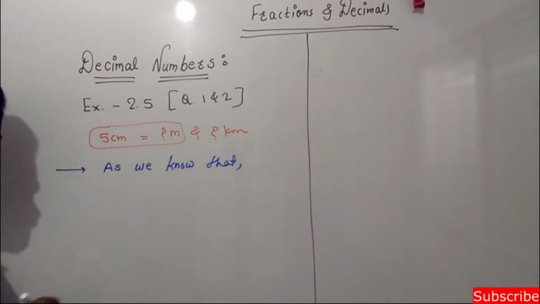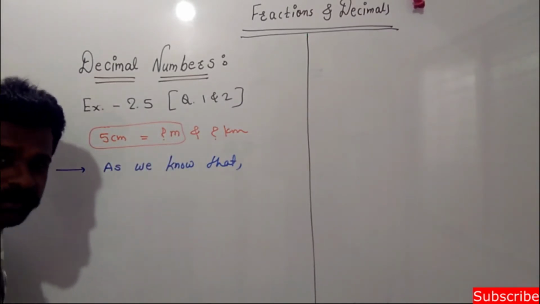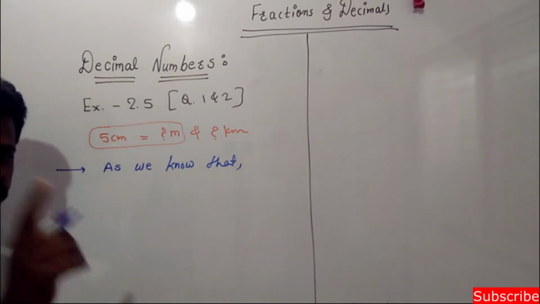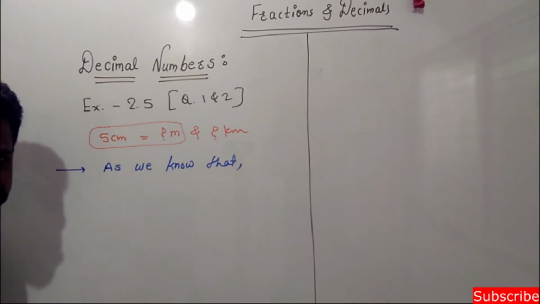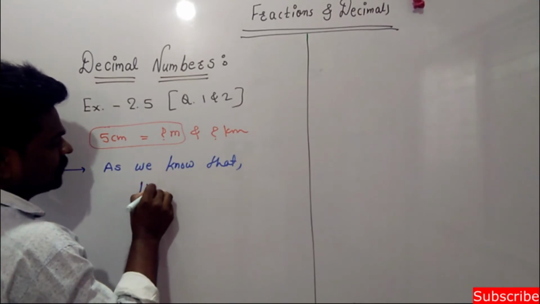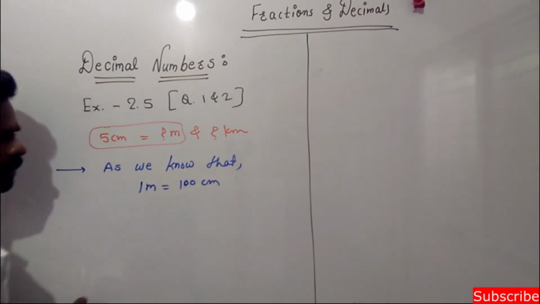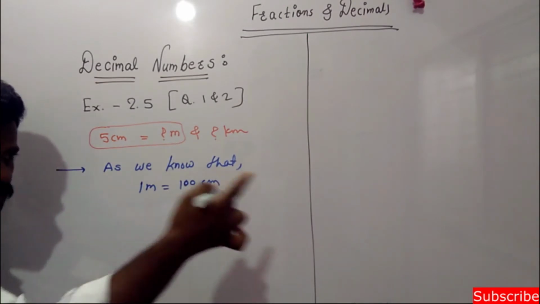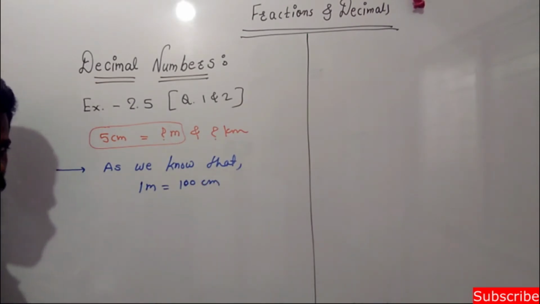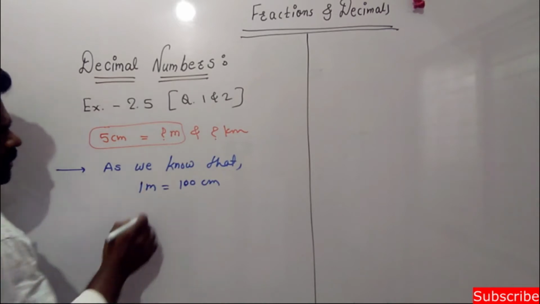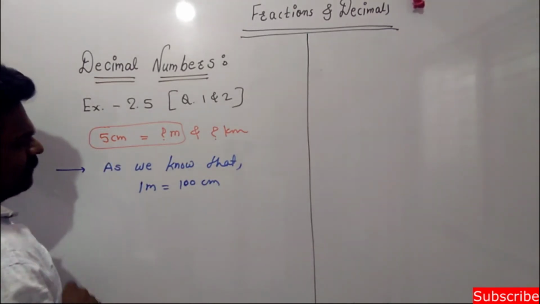The relation between meter and centimeter. What is the relationship between meter and centimeter? 1 meter is equal to how many centimeters? 1 meter is equal to 100 centimeters. Okay, fine, no problem. So we want 5 centimeter.